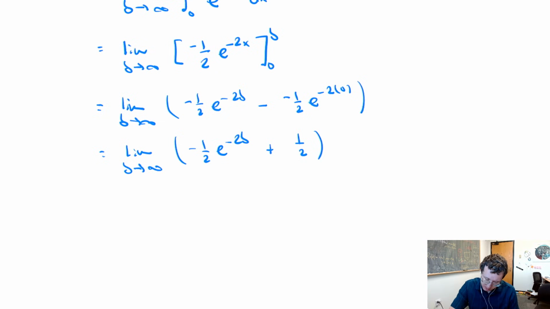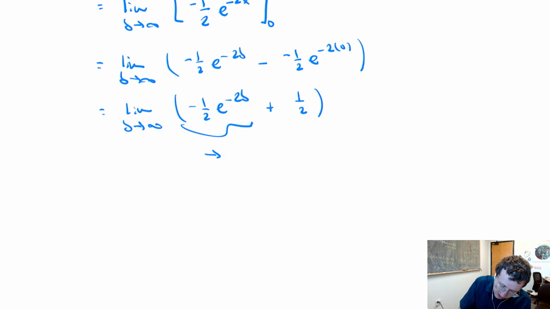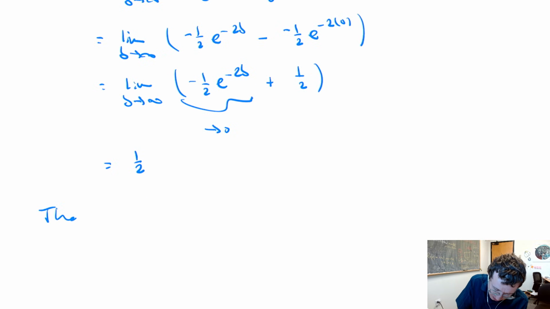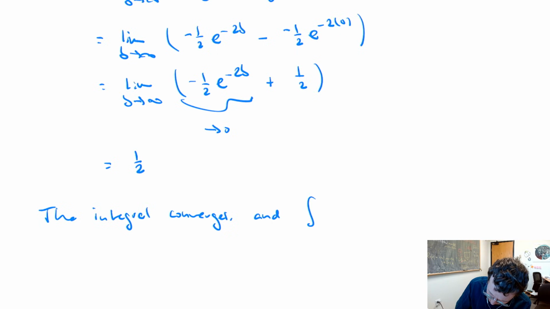What happens when you plug in a very large value of b? You multiply it by -2, so now it's a really big negative number, and e to a really big negative number is very close to 0. So this first term is approaching 0, which means overall the limit is 1/2, which means the integral converges, and it is equal to 1/2.